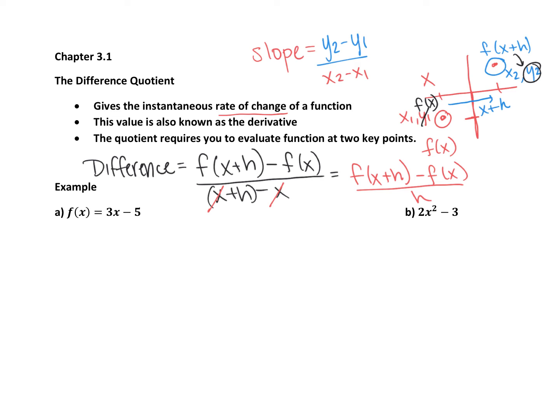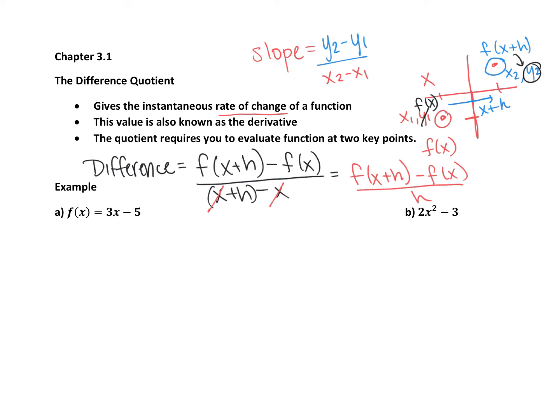And so all we're doing now is we're going to use this function right here. For every x that we see, we're going to plug in the original f of x function. And the first part of the function always tags an h along with it. So when we write this out, here's how we're going to start it. We're going to plug in x plus h for every x value here.